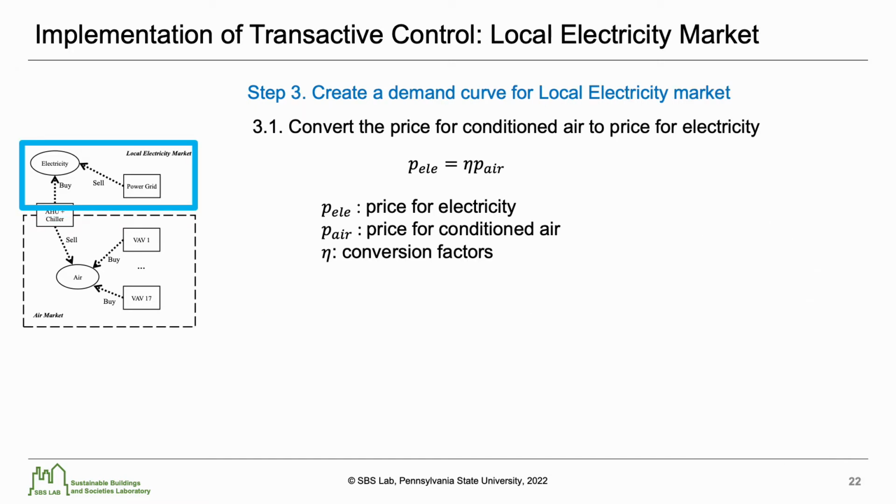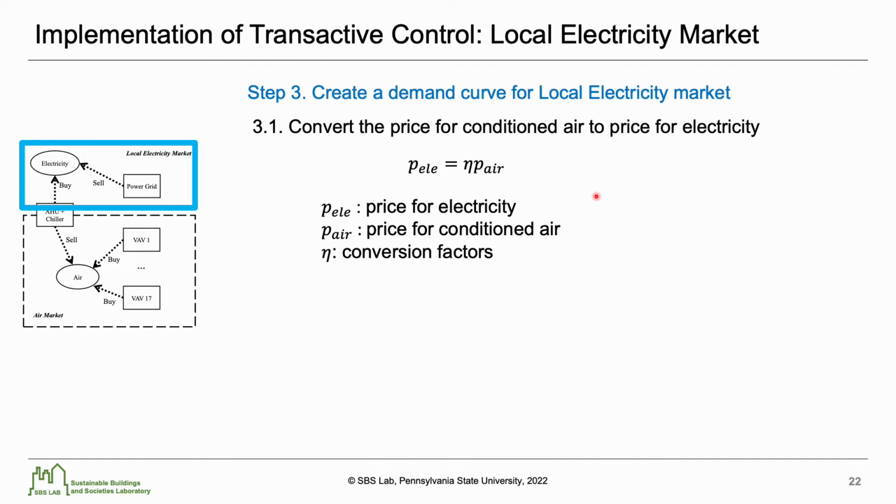Next, we can move to the local electricity market. Here, step 3 is to create the demand curve for the local electricity market. In this step, the AHU plus chiller agent converts the aggregated demand curve for conditioned air in the air market to the demand curve for electricity in the local electricity market.